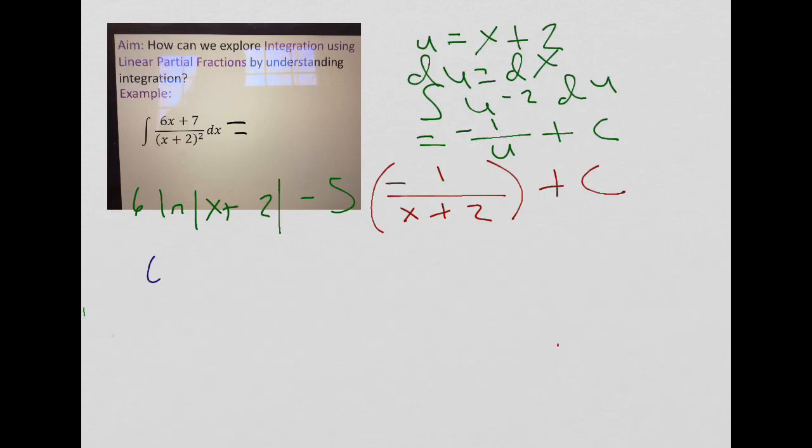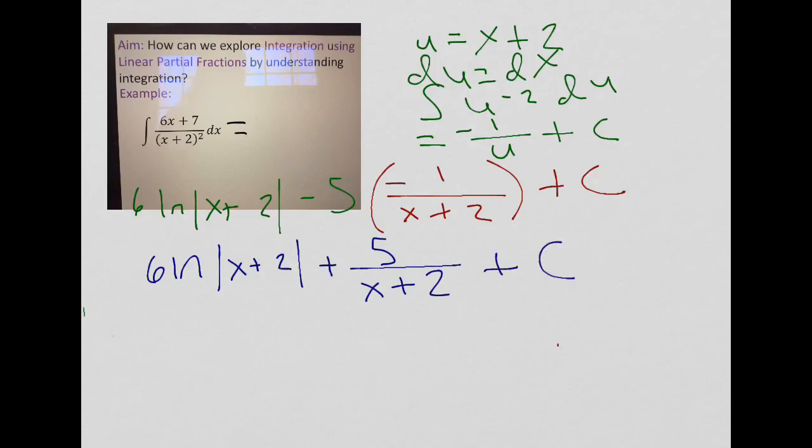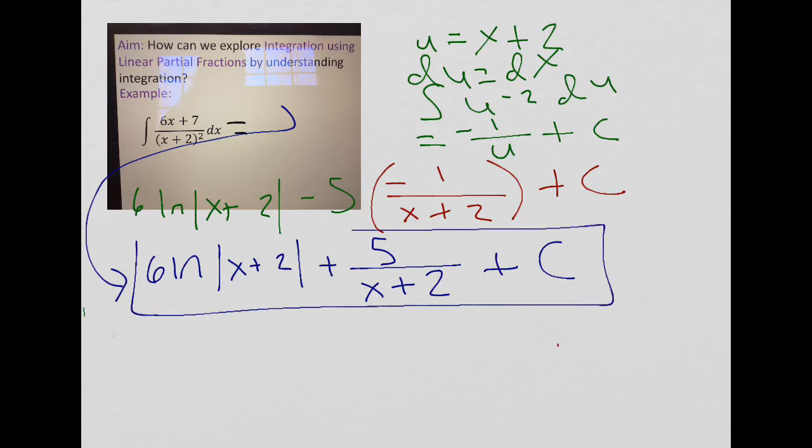So we have 6 ln absolute value of x plus 2. I already said, you can move the 6 over. I don't have an ln on this side, but a negative 5 with a positive 1 is 5. So I can have a fraction. If I don't want a fraction, I can write this as positive 5 times the quantity of x plus 2 to negative first. Don't forget the plus c, so this is your answer.